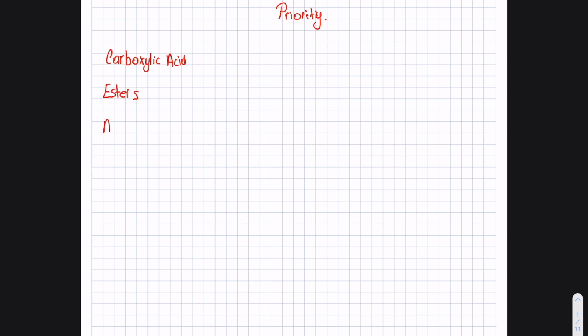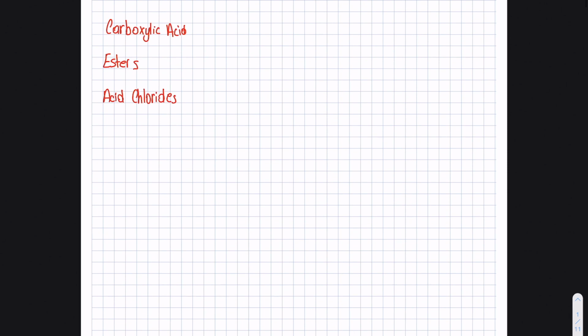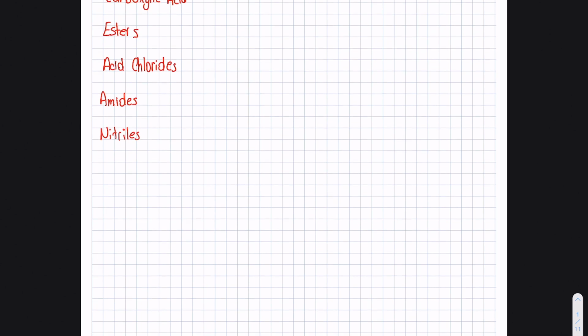Then acid chlorides and the amides, which combine a little bit of the final part of the nomenclature, so I'm just gonna combine them for this time. Then nitriles, aldehydes, ketones, and then alcohols.